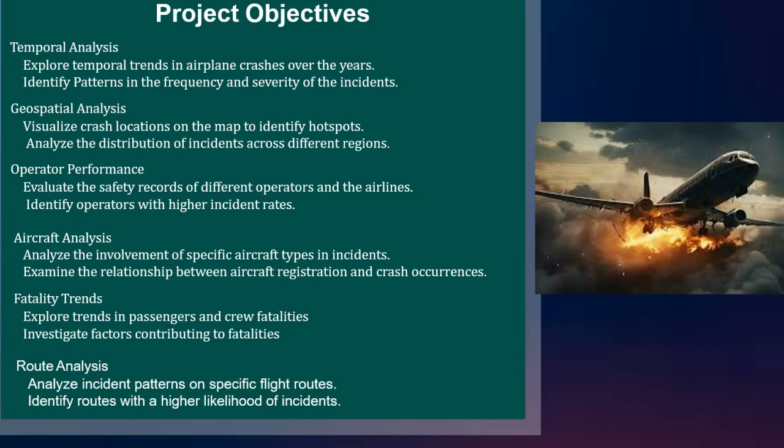Next was to analyze the aircraft, the specific aircraft types which were involved in the incidents. Next was to explore the fatality trends, the trends in passengers and crew fatalities, to investigate the factors contributing to fatalities. And the last target was the route analysis, to analyze the incident patterns on the specific flight routes and the routes with a higher likelihood of incidents.